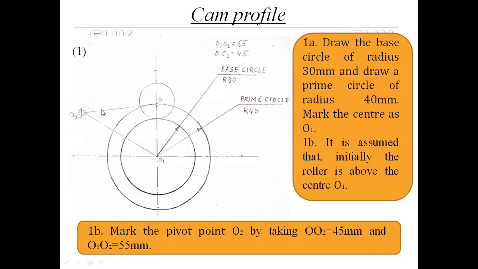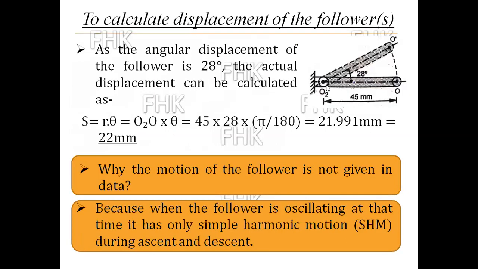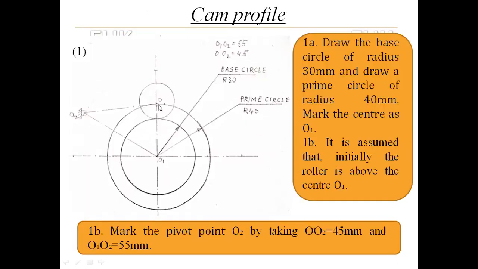See, the length of the follower arm is given 45 mm. This 45 mm I will take in the compass, and with O as a center, I will draw the arc.